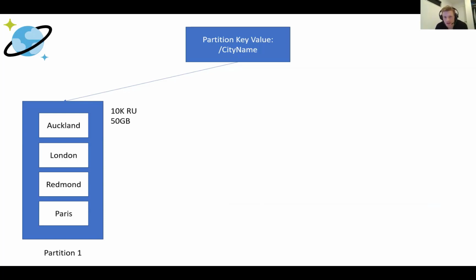And this doesn't actually work due to the limitations on the physical partitions, because each physical partition has a maximum of 10,000 RUs, and if you crank it up to 1 million, I'm not sure, quick maths off the top of my head, how many physical partitions will be created, but essentially you have all these redundant physical machines provisioned for you, and then depending on your partition key values, your different logical partitions are mapped to different physical partitions, and it essentially doesn't work. It doesn't improve the performance at all. It just costs you more money. So if you want to burn your boss's credit card, that's the approach, but you're not going to get fast queries.